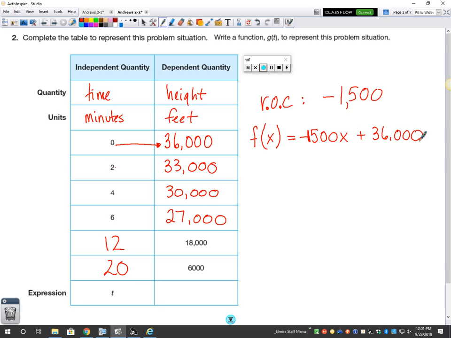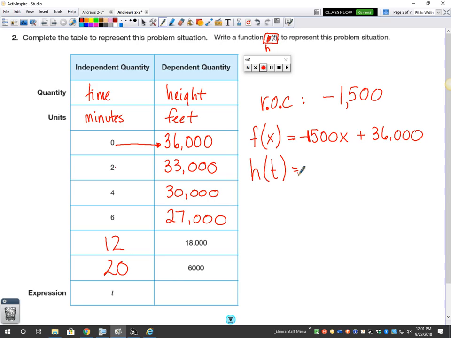It says g of t up here, and I suppose if the directions say g of t, then we can use the g, but we're not going to do g. We're going to do h of t, height in terms of t. The reason why they do g, just so you know, is because we're writing a second function about the same thing.